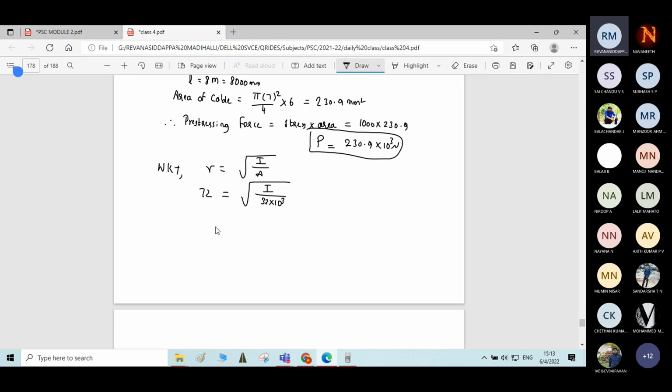By this you can work out the moment of inertia. If you work out the answer, you will get it as 165.88 into 10 power 6 mm 4. Okay, this will be the answer.